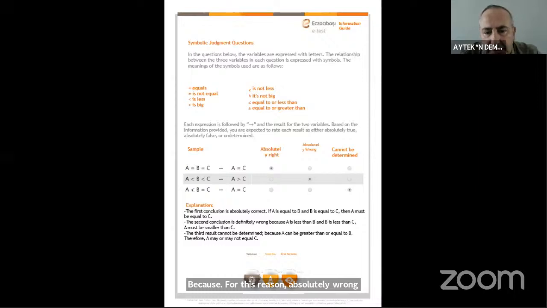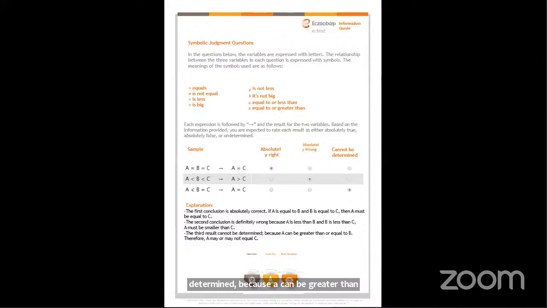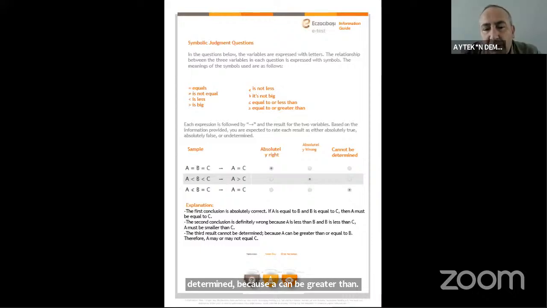The third result cannot be determined because A can be greater than or equal to B. Therefore, A may not equal C. Next page, please.